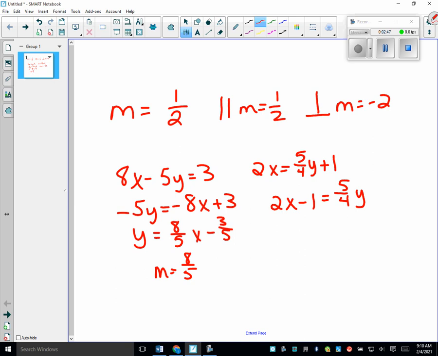So doesn't that give me 8/5 x minus 4/5 equals y? What's the slope? So tell me about my lines. Parallel. And you can write the word parallel, or you can draw the symbol.